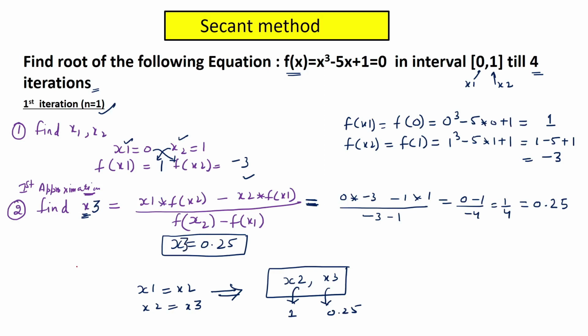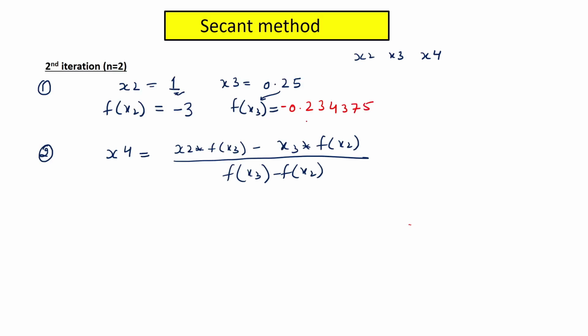So in the previous iteration we have to find it. If I put this value inside this equation, I will be getting 0.234375 as my function value at 0.25, and this will actually be a negative value.